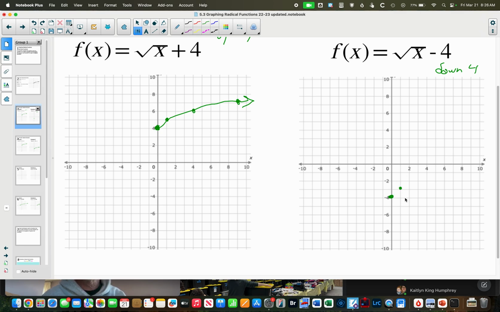Go over 1, up 1, go over 4, and up 2 from where I started. Go over 9, and then up 3. Alright, and then graph my curve. So that's what it would look like.